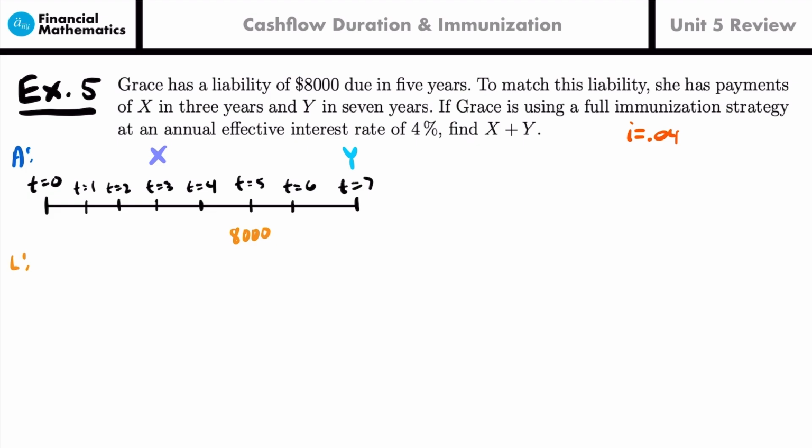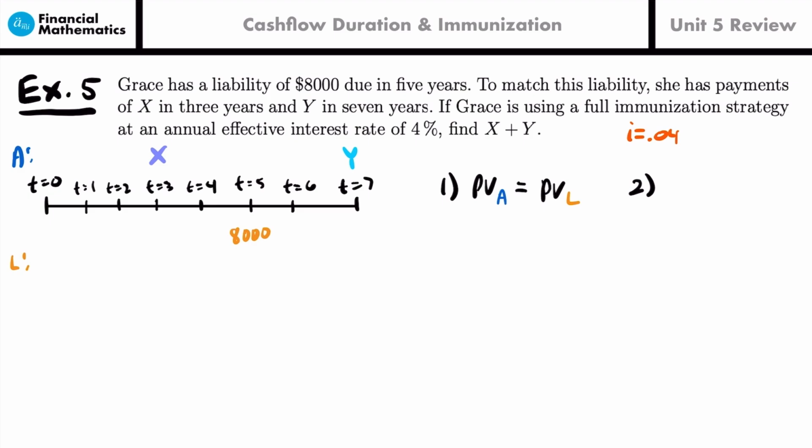It's also the first condition of Redington immunization, but we're not really worried about Redington here since we know we are working with full immunization. Right, the first condition says that the present value of the assets is equal to the present value of the liabilities at this interest rate that we are immunizing at. Okay, and then for the second condition, the durations are going to be equal for the assets and liabilities, and I always prefer to use the Macaulay duration in these types of problems, so that's what I'm going to do here.